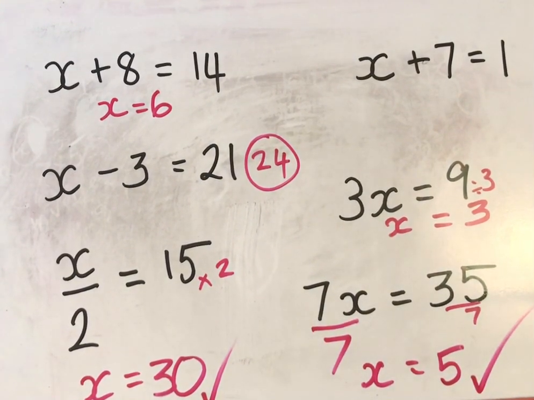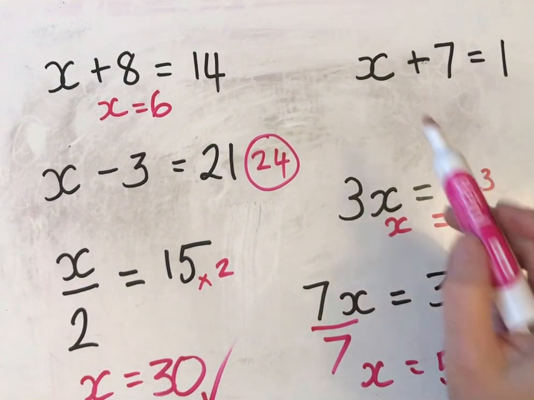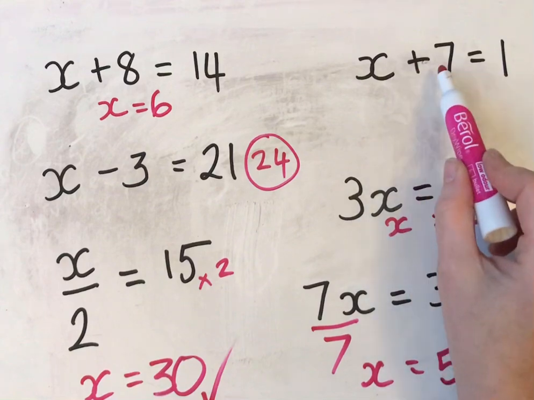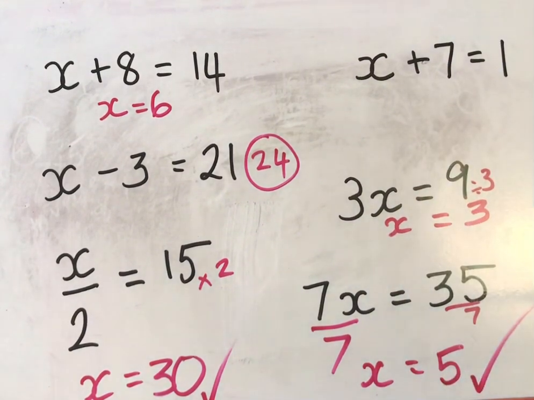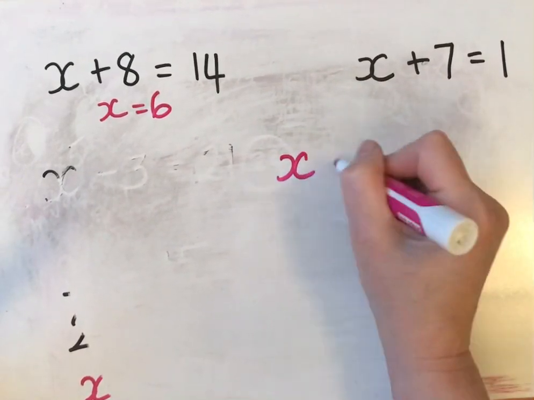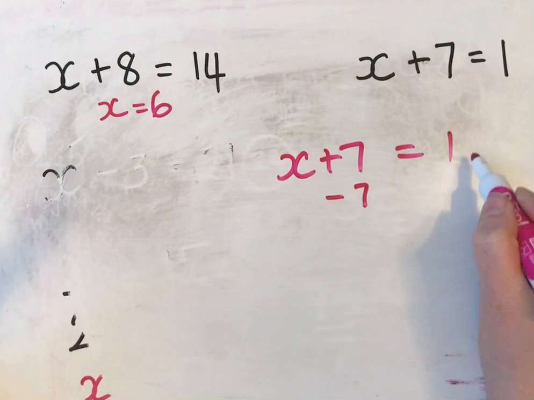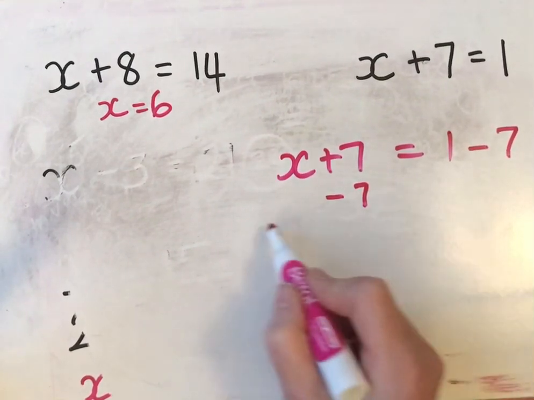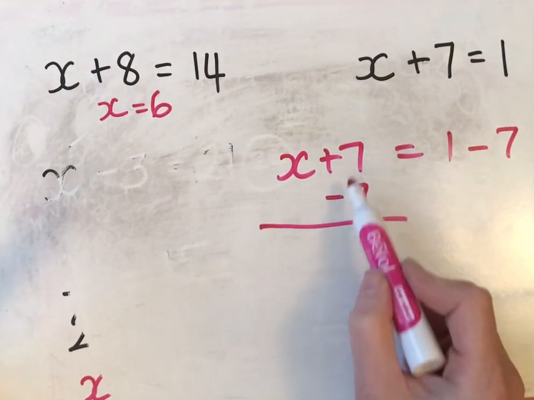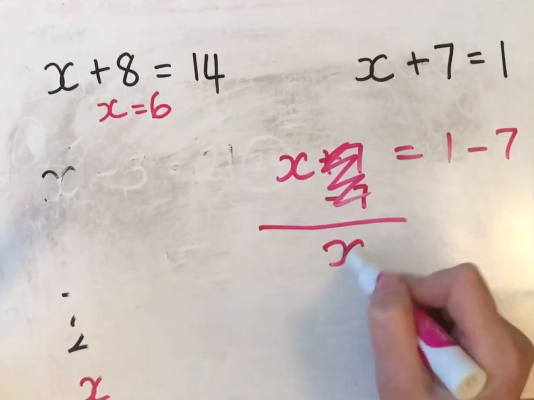What about this horrible thing here? Well, it means using a bit of a number line. Inverse of add 7 is take away 7. So x plus 7 equals 1. I'm going to take away 7 from both sides. So 7 take away 7 becomes 0, which leaves x on its own.